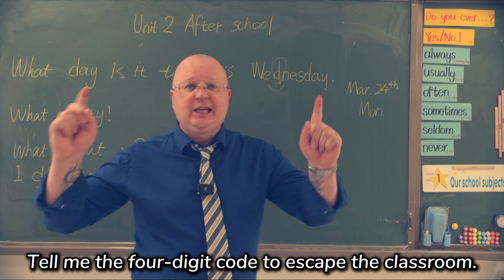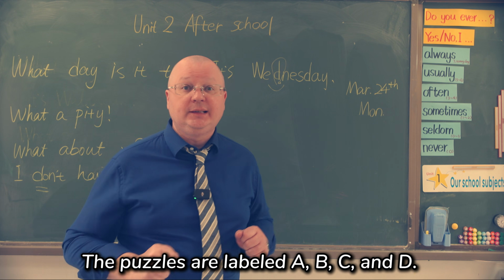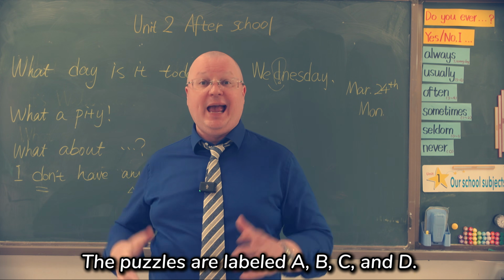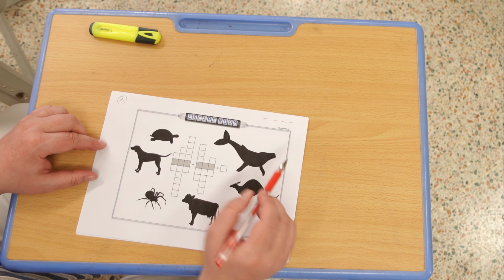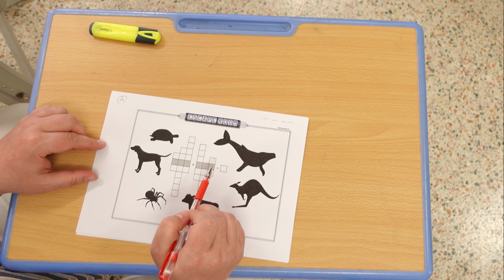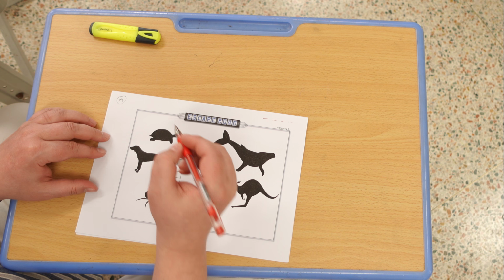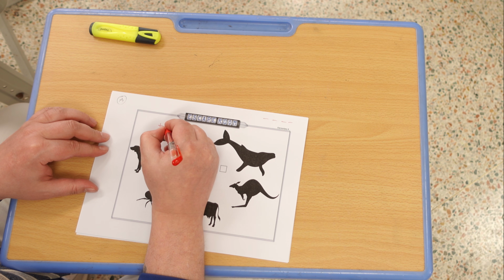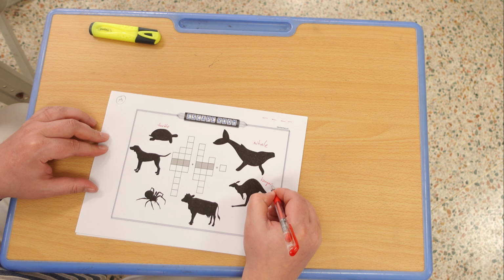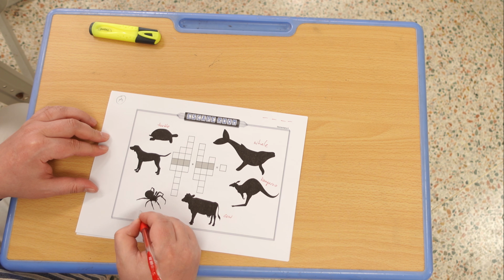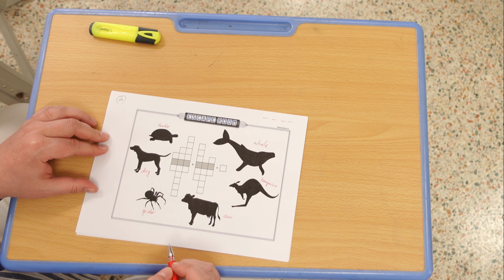Okay, students, tell me the 4-digit code to escape the classroom. The puzzles are labeled A, B, C, and D. Replace each letter with a number. Go! Okay, first let's start with A. I think I need to write out the names of the animals. So we have turtle, whale, kangaroo, cow, spider, and dog.